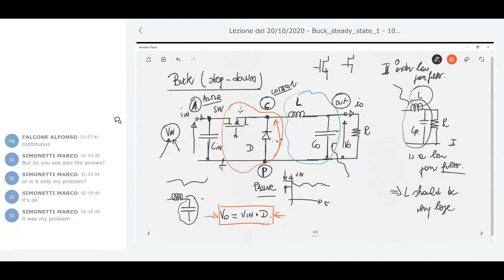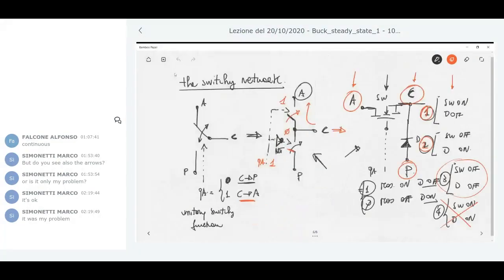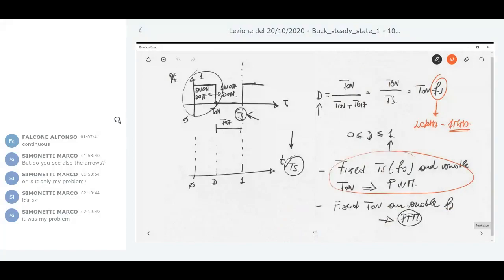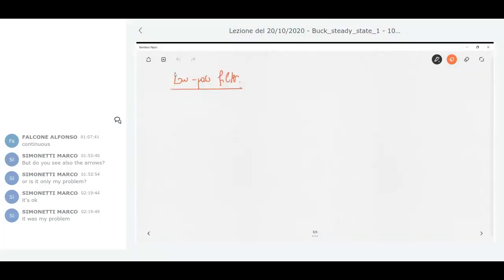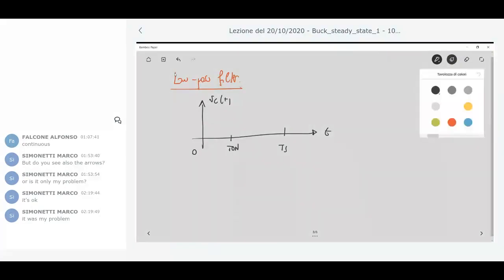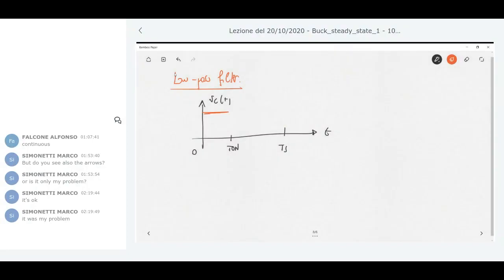This concept, the voltage across the diode, was already discussed in previous lectures, but I mention it in order to understand that if you look at the waveform over T, supposing that I have a periodic behavior like this, then it is something like this.